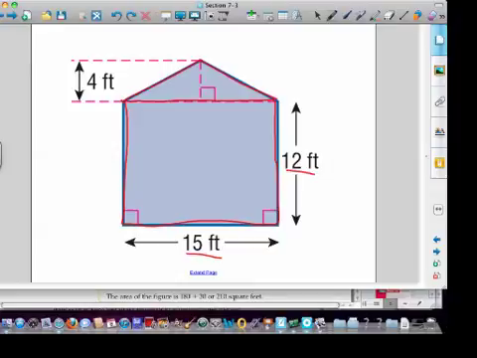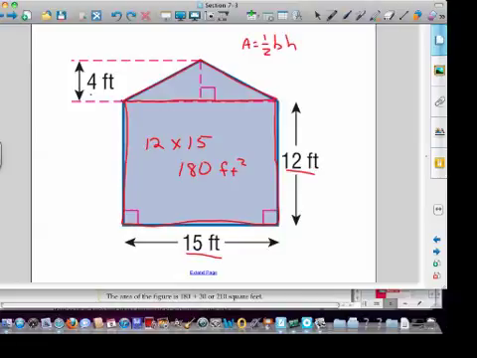So we need to find the area of the rectangle. We would simply take 12 times 15, and that'd be 180. And that would be square feet. And then we find the area of the triangle, and remember, area of a triangle is going to be 1/2 base times height.